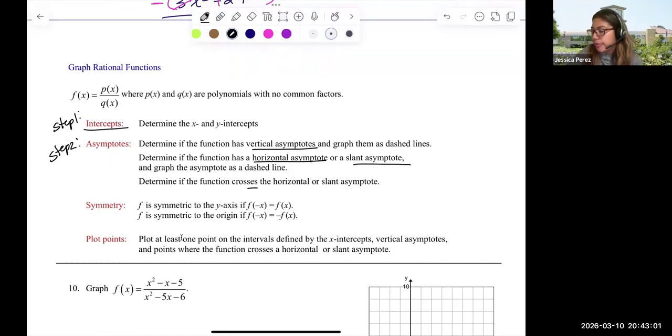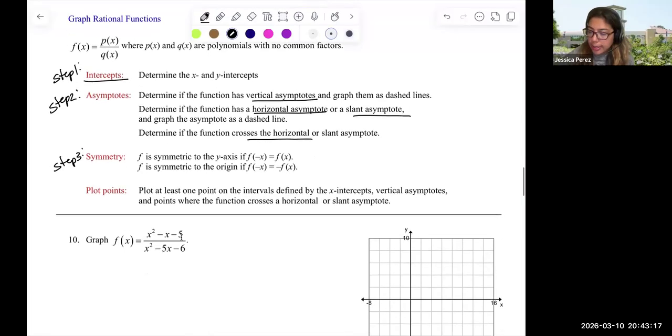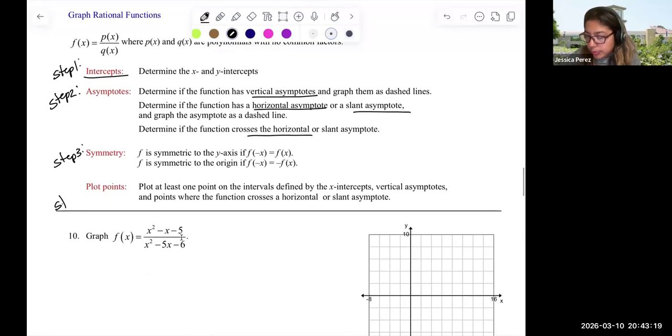And then we want to see if the function crosses the horizontal or slant asymptote, yes or no. We want to check its symmetry, if it's symmetric towards the y-axis or towards the origin. And the last step, step 4, is to plot points or test points.